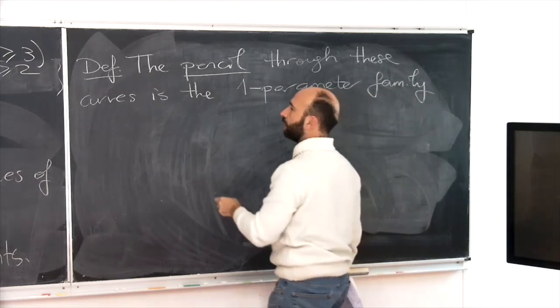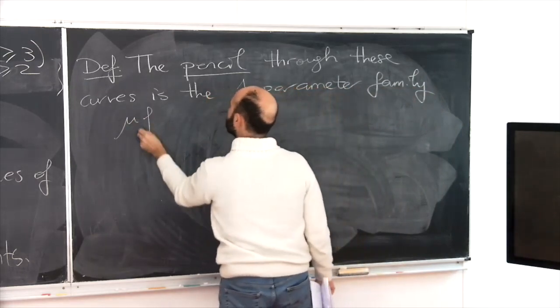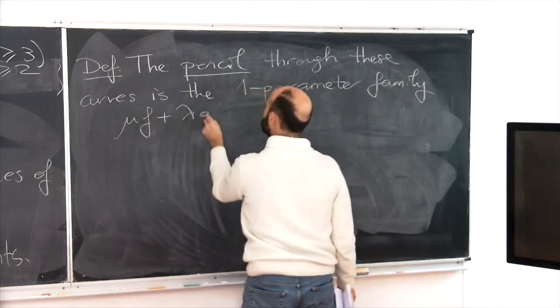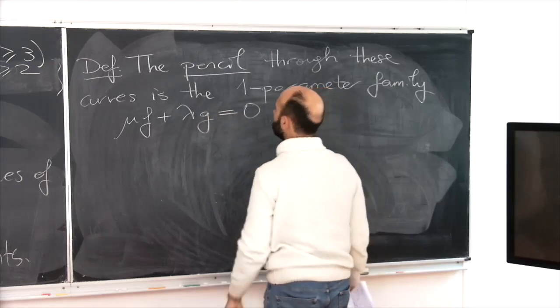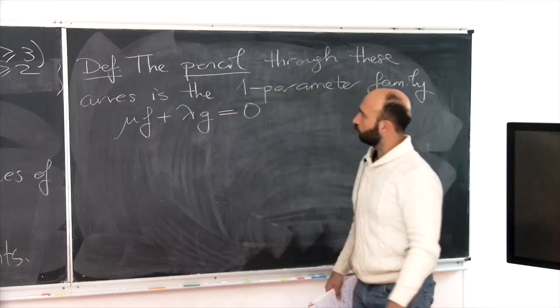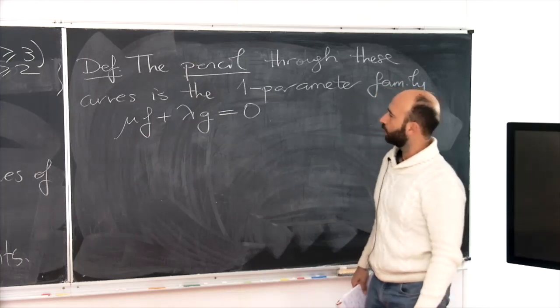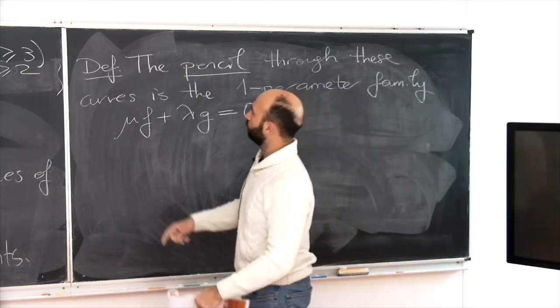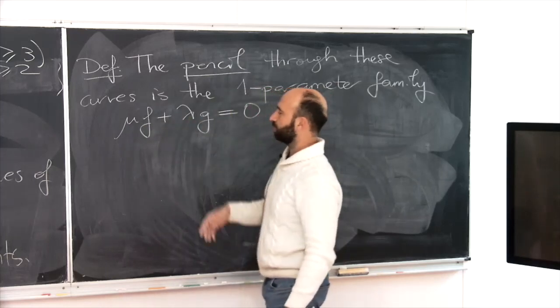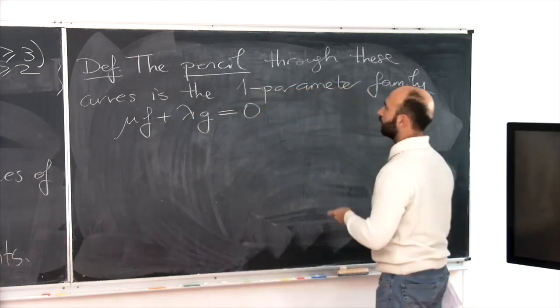It is given by, let's say, mu times f plus lambda times g equals 0, where mu and lambda are complex numbers, but of course, if I multiply both mu and lambda by the same fixed constant, it will give you the same curve back.